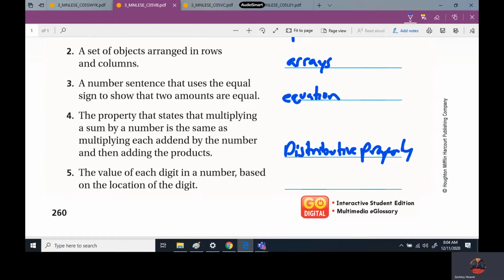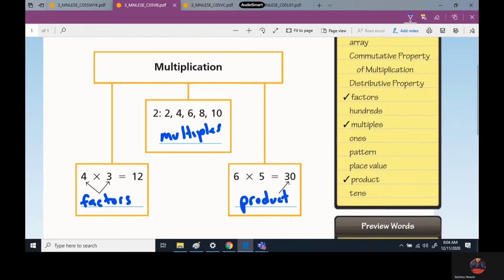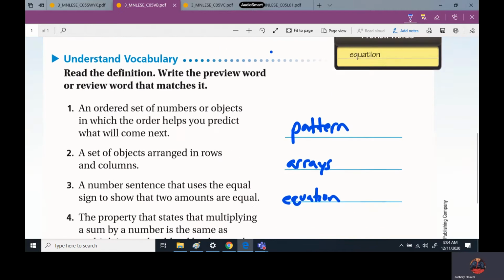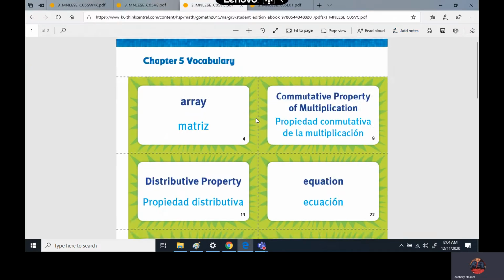And the value of each digit in a number based on the location of the digit. That is the place value. And then these are your vocabulary cards you guys can look at and study.